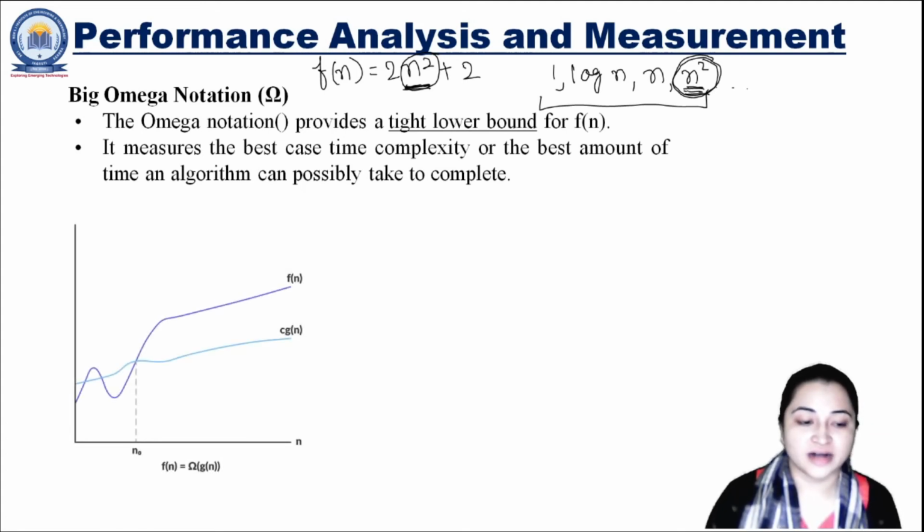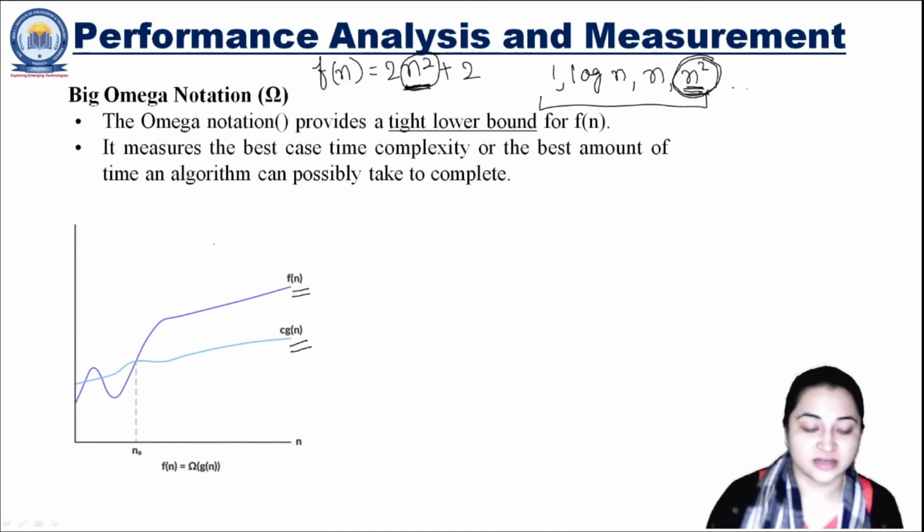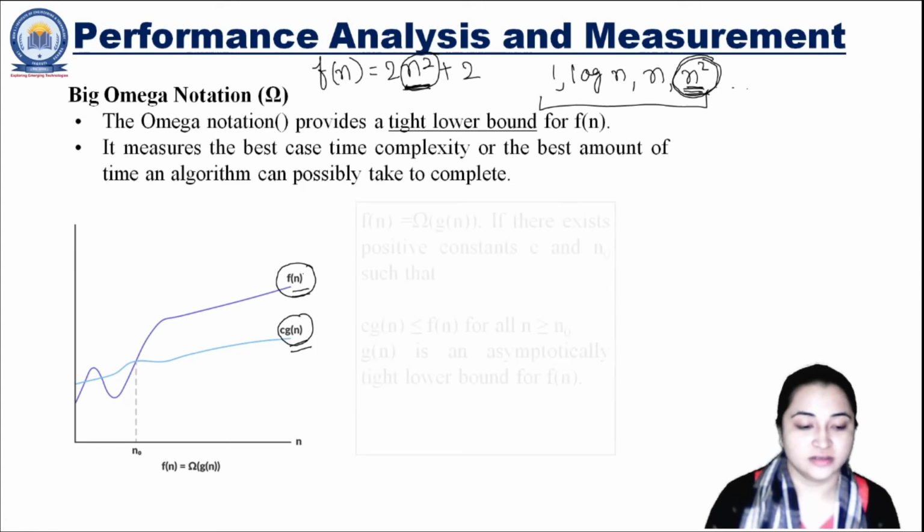So this is the graph of omega, in which we have function f of n which always grows faster than c into g of n. Means in this case we have to find g of n such that it will be always less than or equal to f of n. Fine.